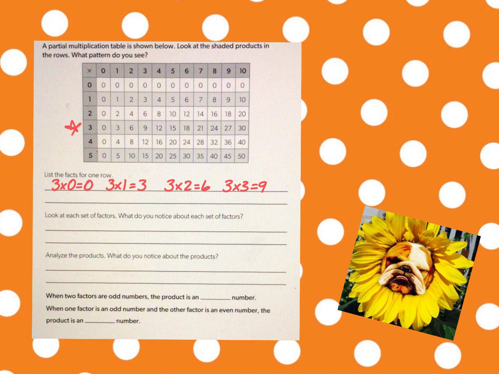So it says, look at each set of factors. What do you notice about each set of factors? So over here, if both numbers are odd, the product is odd. And so it says analyze the products. What do you notice about the products?